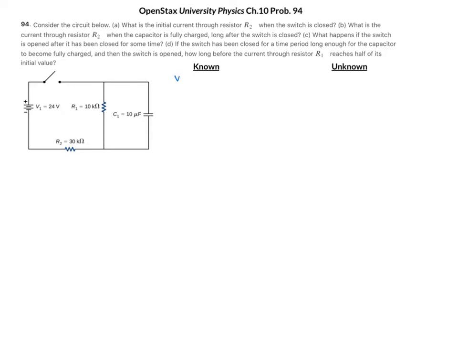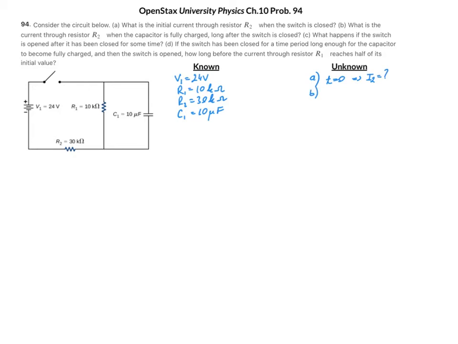What we know are the power supply is 24 volts, R1 is 10 kilo ohms, R2 is 30 kilo ohms, capacitance C is 10 microfarad, and in part A, we're looking for the initial current through resistor R2 when the switch is closed. So when the switch is closed, we call that time t equals 0, and we're looking for the current through resistor 2 at that point.